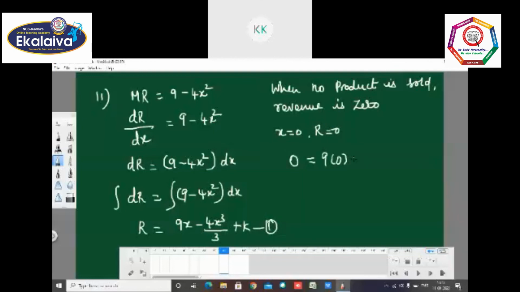So R equal to 9x minus 4x cube by 3 plus k.